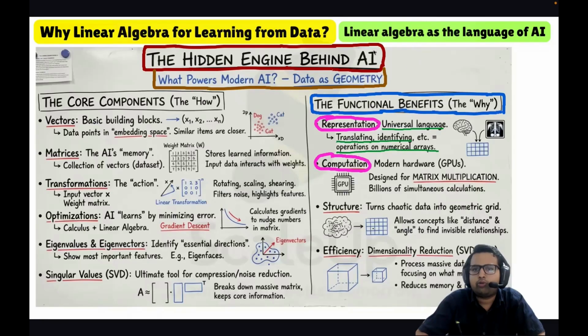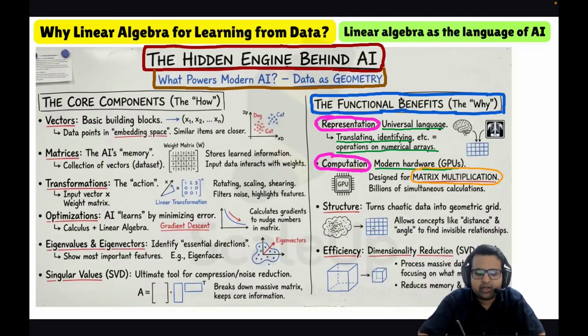Modern hardware like GPUs are specifically designed to do one thing extremely well, that is matrix multiplication. GPUs are designed to carry out billions of simultaneous calculations.